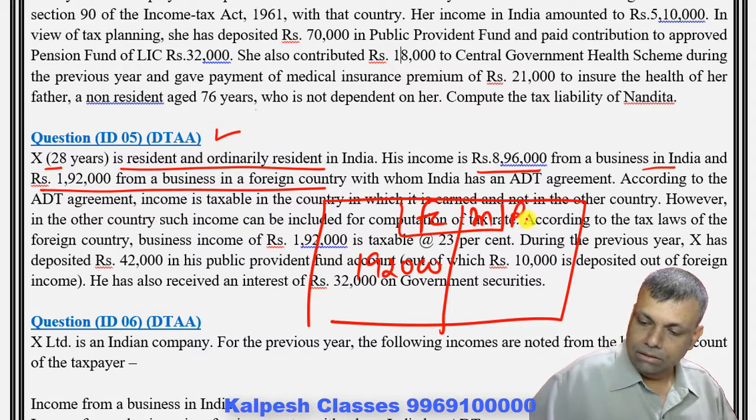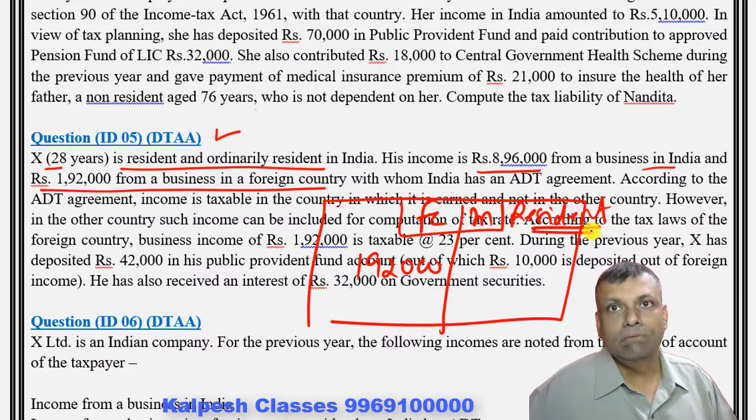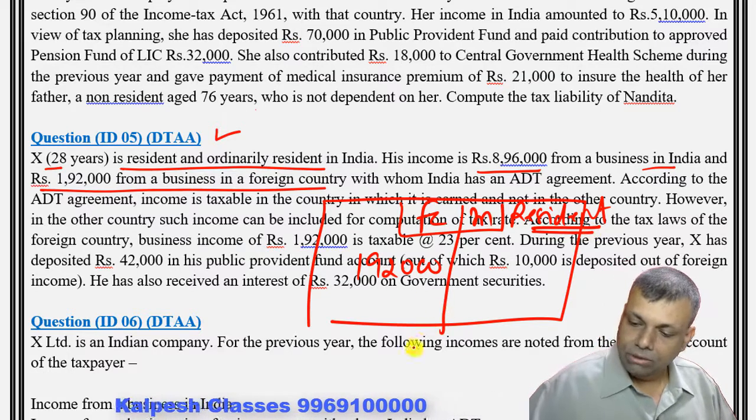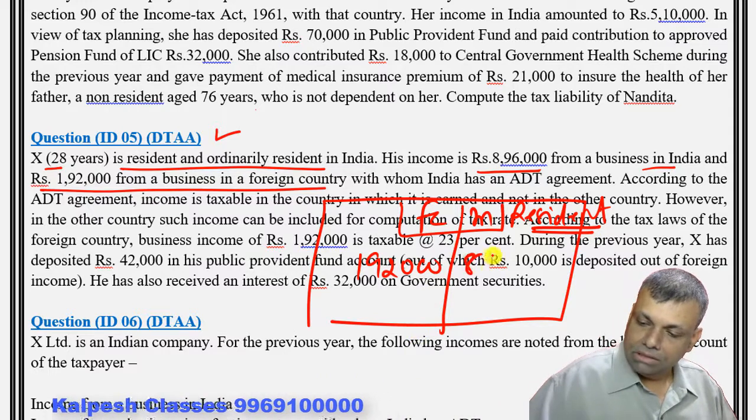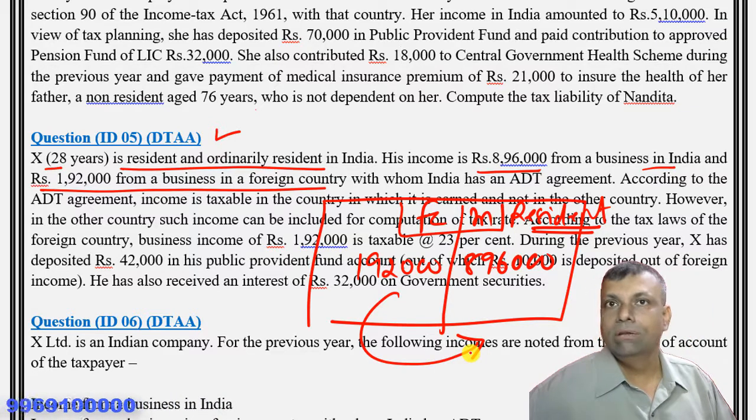In India, you are resident. Because you are resident in India, you will be liable for global taxation in India, and naturally in your computation this 8,96,000 will of course be included, plus this 1,92,000 will also be included in your Indian computation.